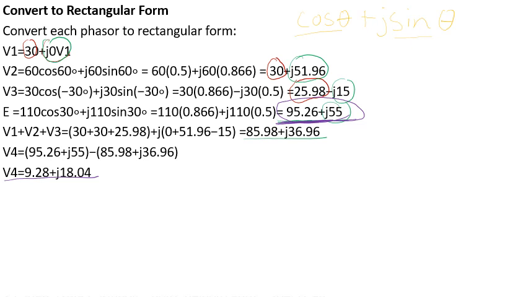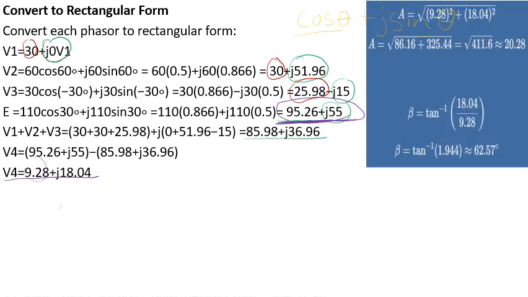To find the angle, we first find the magnitude. We square this, square this one, add them, and take the square root. So it becomes the square root of 9.28 squared plus 18.04 squared, which equals 20.28.